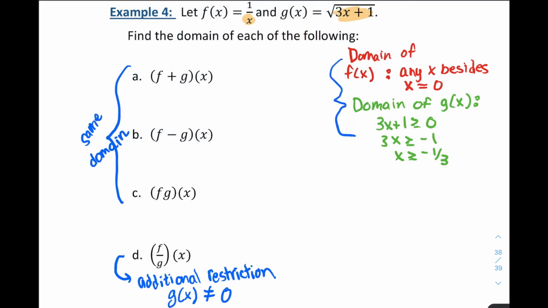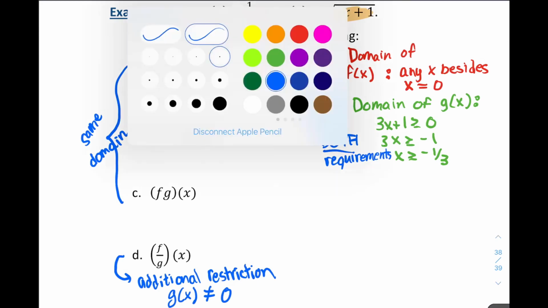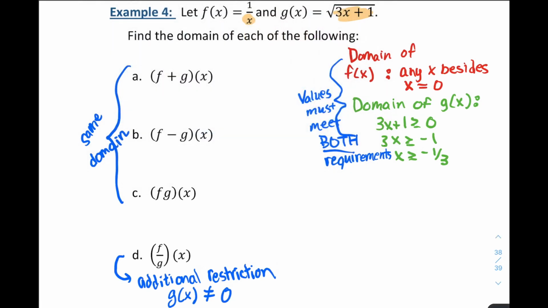To be part of my domain of f plus g of x, f minus g of x, f times g of x, that combines both of those, our x values have to meet both of these requirements. So we need any x value that is not 0 and also greater than or equal to negative 1/3. I like to draw out a visual here because it makes it easier to think about. So let me do a little number line here.